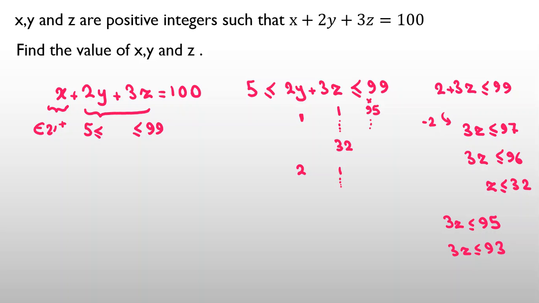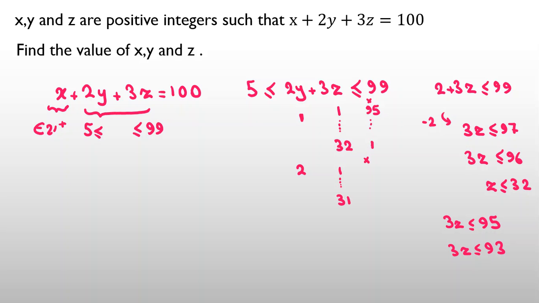And next case, you subtract by 3, 3, 3. And at the end, 33 times 32, 96 plus 2, 98, it will be 1. Now, if y is 2, it will be 4, and z will be 1, 2, up to 31. In each of them, we can calculate x.